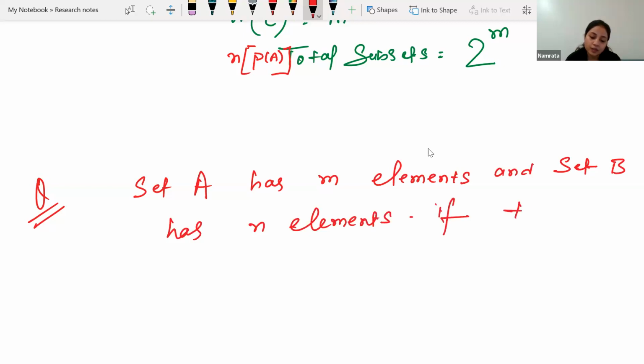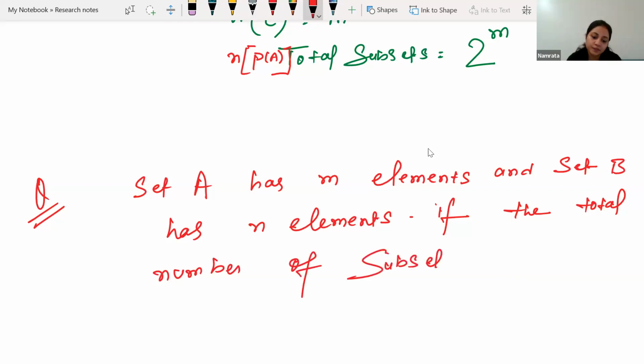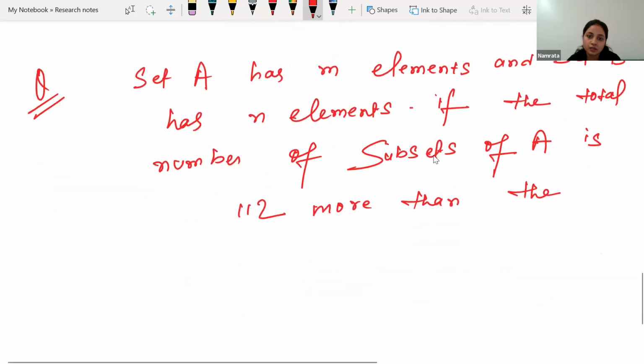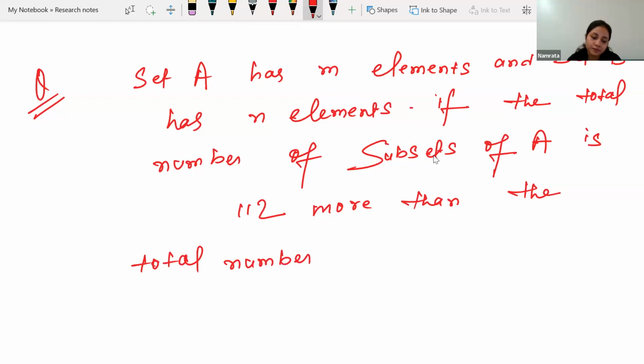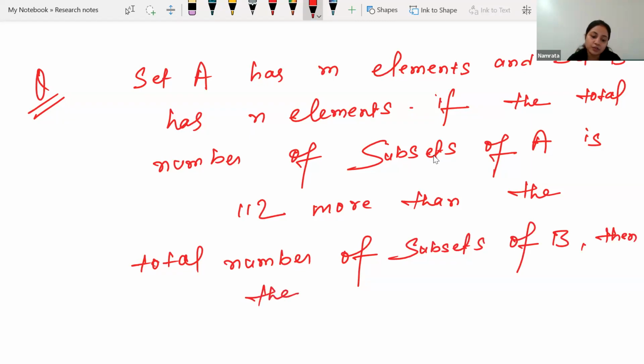If the total number of subsets of A is 112 more than the total number of subsets of B, then the value of M minus N we have to find.